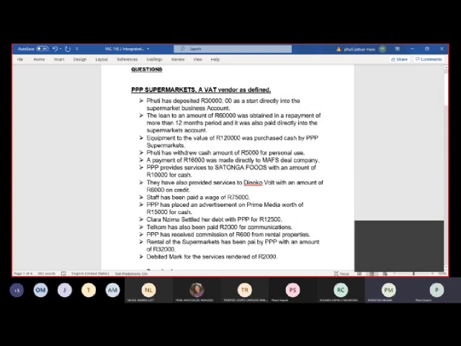Staff has been paid a wage of 75,000 rands. I think there is no way you can get a wage of 75,000. I think I was supposed to say 7,500. How do you record this? You credit bank because bank is decreasing, and then you debit wages, because we have salaries.